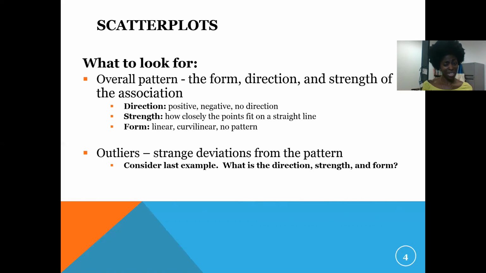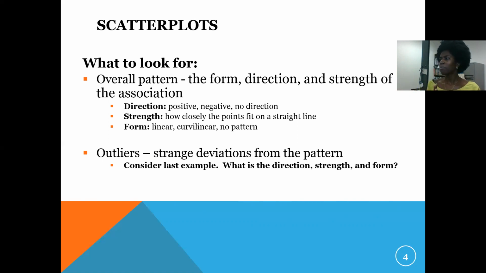But there's always a direction, to be honest, but we'll hold that thought. Positive, negative, or no direction. We'll stick there. And then strength, we're looking at how closely the points fit on a straight line, or how far apart, how spread out they are, how scattered they are. And then form. So there's different ways it could be. It could be a line, it could be curvilinear, no pattern at all.